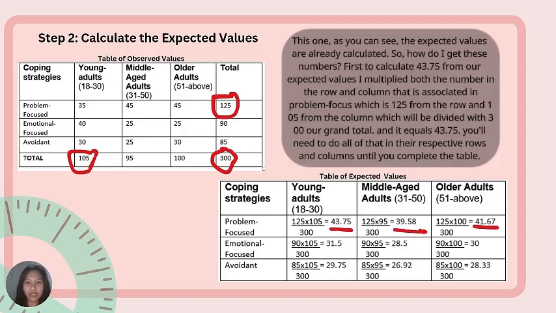As you can see, the expected values are already calculated. How do I get these numbers? First, to calculate 43.75 from our expected values, I multiplied the row total and column total associated with problem focused, which is 125 from the row and 105 from the column, and divided by 300, our grand total, and it equals 43.75. You're going to need to do all of that in their respective rows and columns until you complete the table.